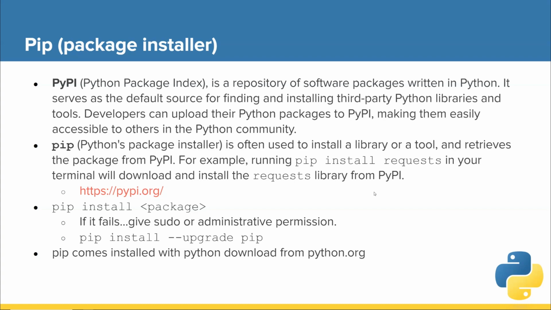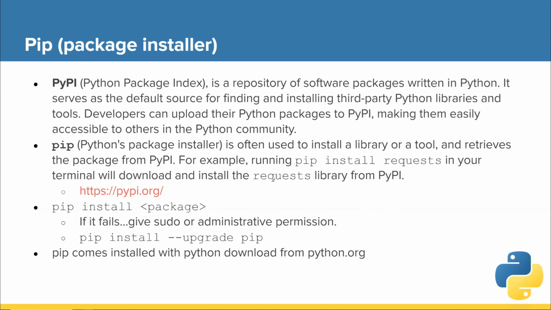PyCharm is definitely the most user-friendly IDE, in my opinion, especially for Python, especially for beginners. The reason I'm focusing on VS Code, as I've said in this latter part of the course, is because I think it's a little more versatile.